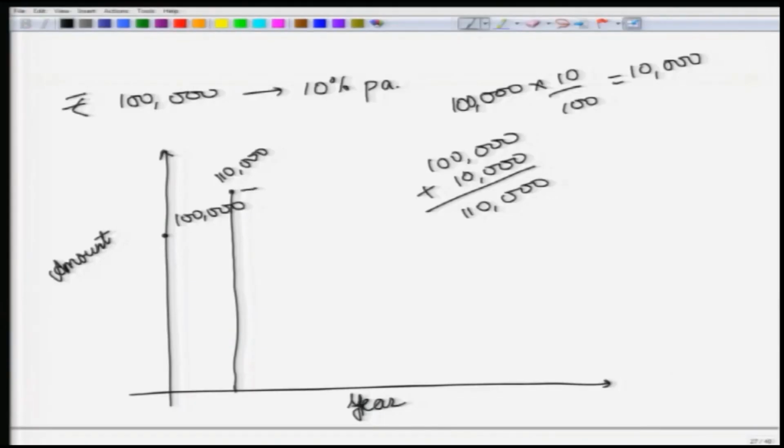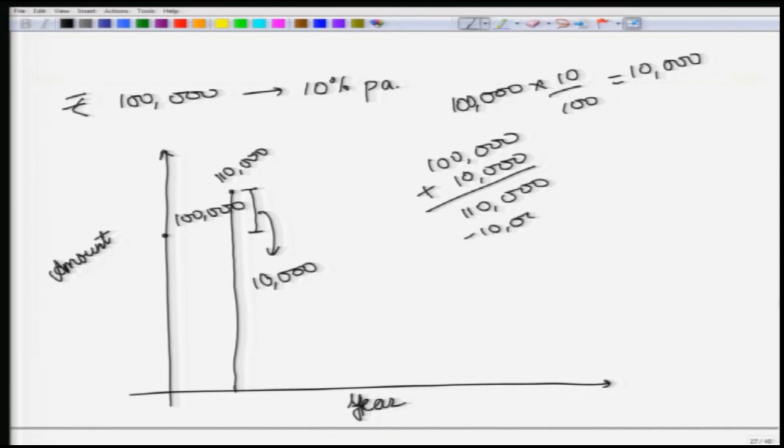Now, out of this amount, suppose you were to extract 10,000 rupees. So, out of your 110,000 rupees, you extracted 10,000 rupees from that account for your own use. So, now the amount that remains is back to 100,000. So, from here you have shifted back to this point.